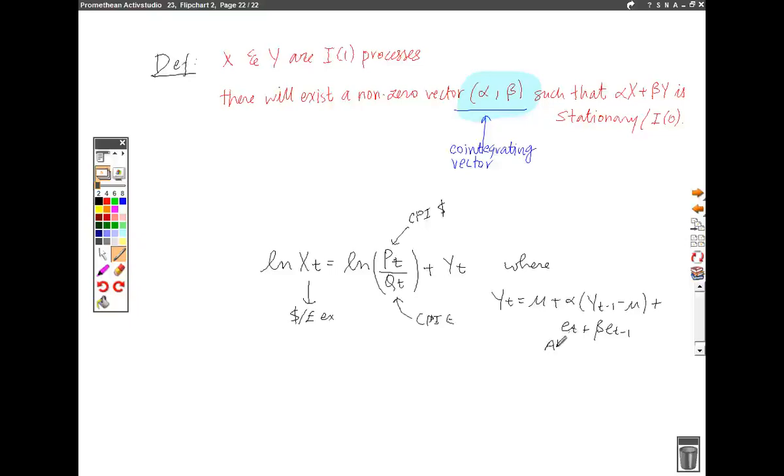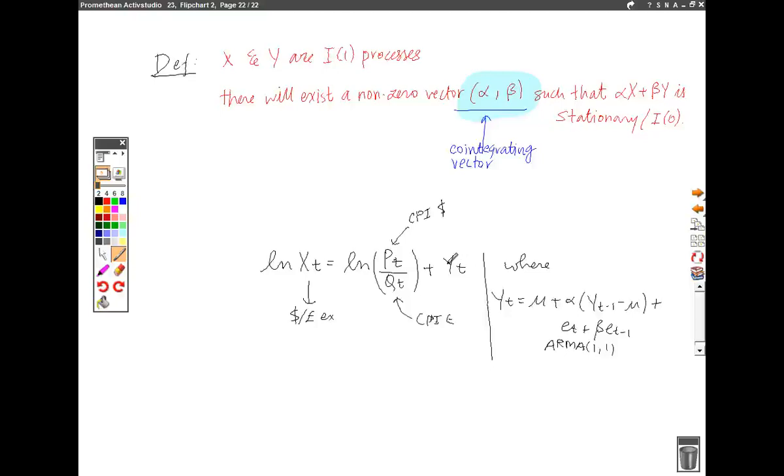It's an ARIMA(1,1), right? Because you have yt minus 1 and et minus 1 as well. So this is ARIMA(1,1) where my e's are zero mean white noise processes. So this would be one of the examples of co-integrating models where my xt depends on yt.